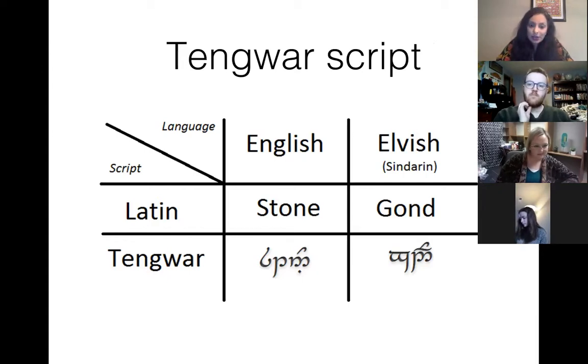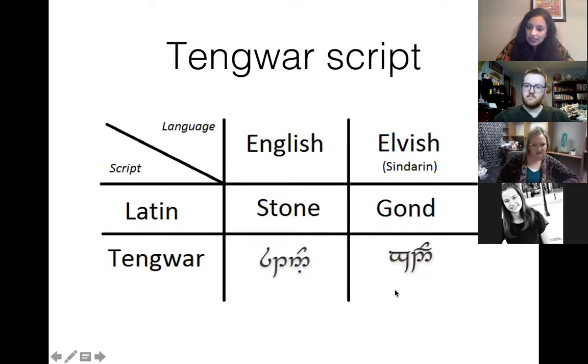In English, you have the word for stone, and in Tengwar, you would write it like this, right? And in the Sindarin dialect of Elvish, you would pronounce this as Gond, and you would write it like this. As you can see, the script itself is so different between the Sindarin script and the Quenya script of Elvish. So it's not just the words that are different, but also the way that you write the script is different.